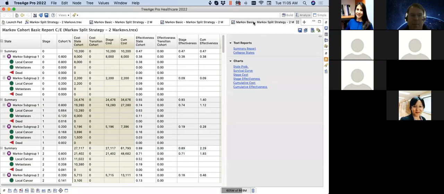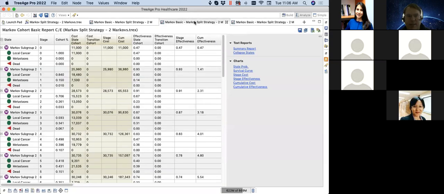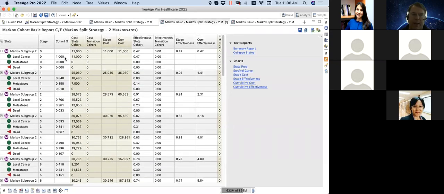So what do we get in our model? We get 80% of our cohort in this Markov process and 20% in this Markov process. If we look at the individual Markov processes, it's everyone, because we just ran it for this Markov process. That's subgroup 2, but here let's look at subgroup 1.